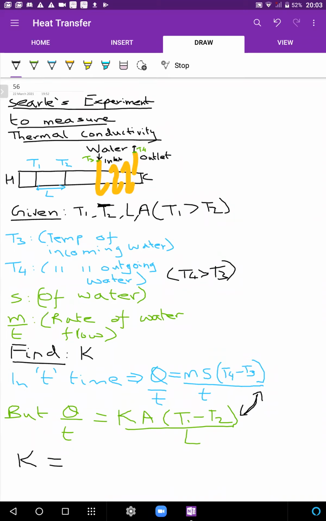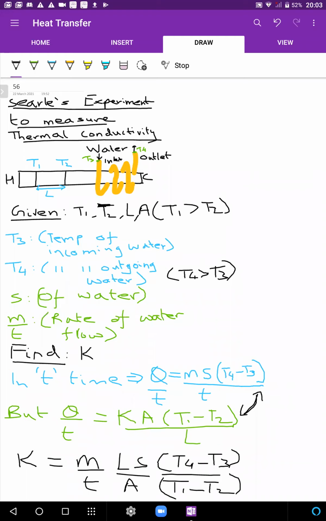Alright? So what is coming? Just take L up with ms, take A down, and of course write m by t together. Normally that may be given to you as the rate of flow of water. So m by t, L, S, and T4 minus T3 on top, and area A and T1 minus T2 below.